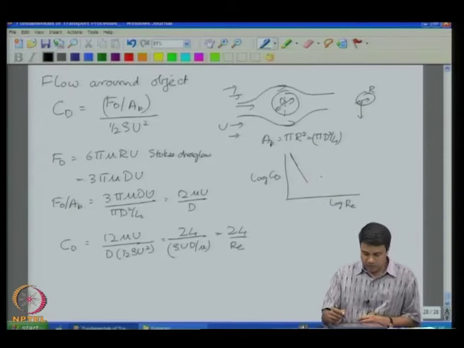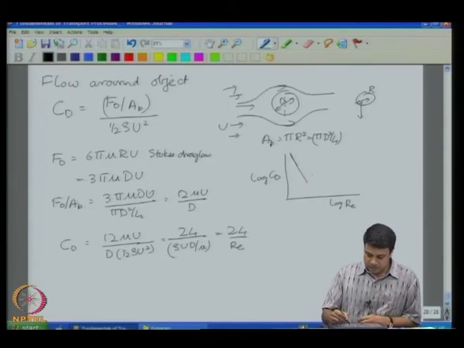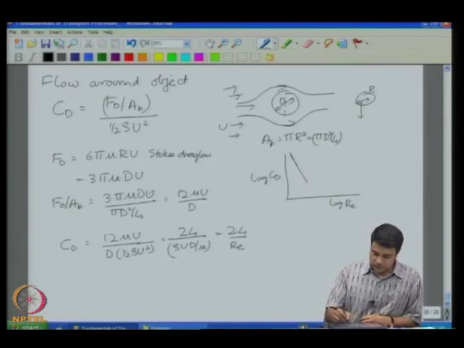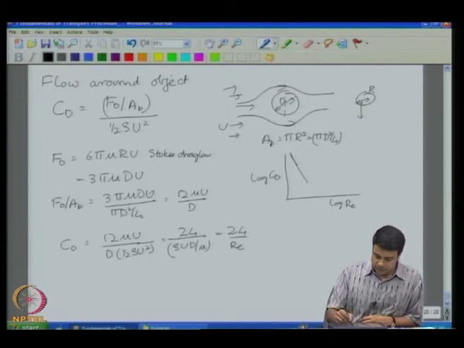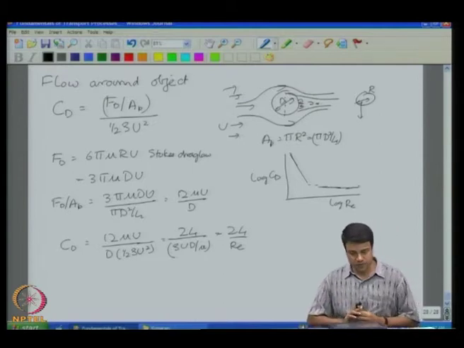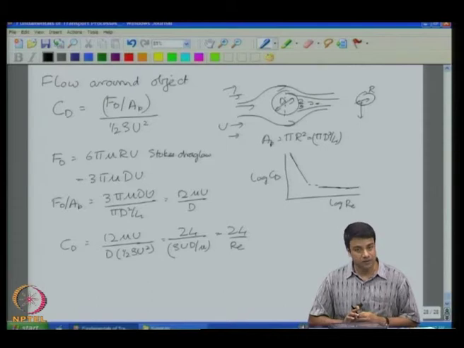But at some point, as the Reynolds number increases, there is a transition to a more complicated velocity profile, with separation of the boundary layer and formation of wakes at the back. Once that happens, the drag coefficient goes to some other constant value, towards 2. We will come back and see why that is the case.